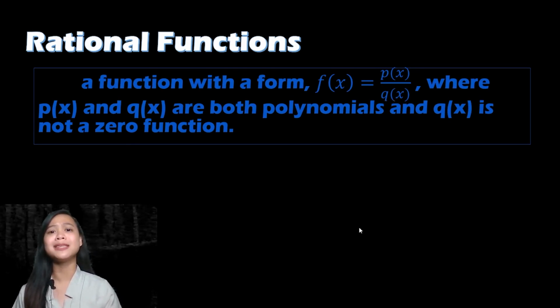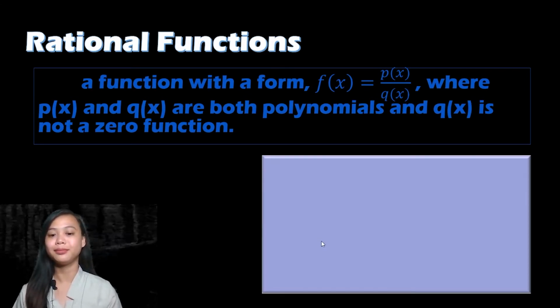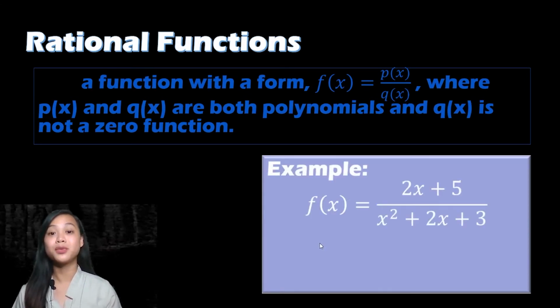So a polynomial is an expression that consists of variables and coefficients that involves operations and non-negative integer exponentiation of variables. So let's have an example for these rational functions. First, we have f of x equals 2x plus 5 all over x squared plus 2x plus 3.